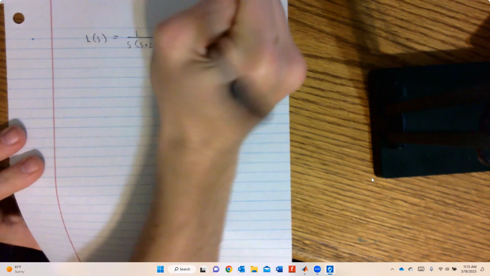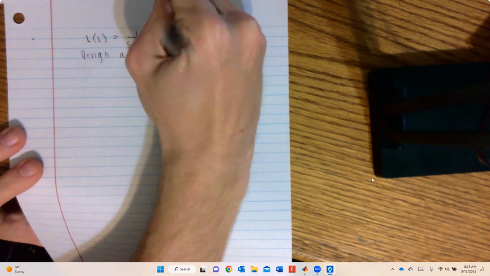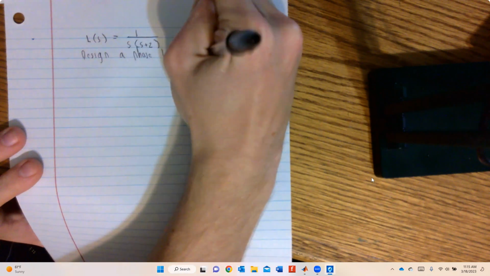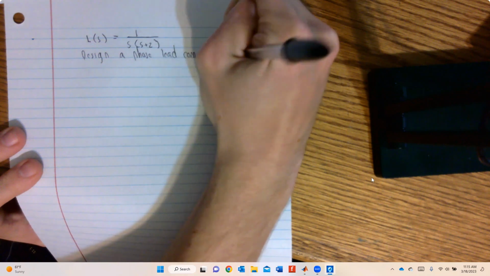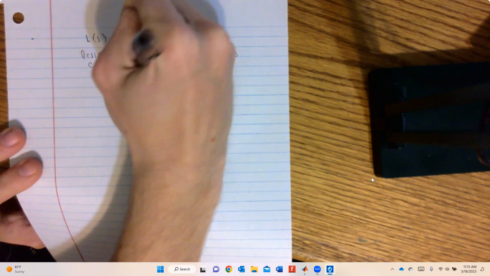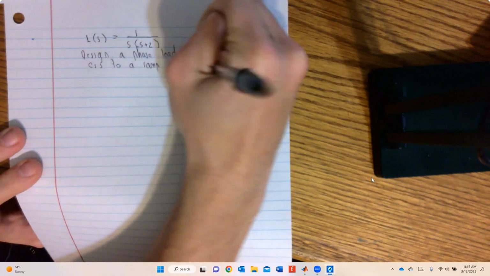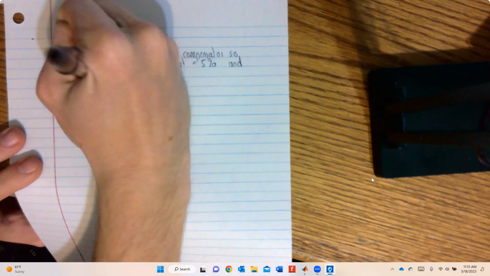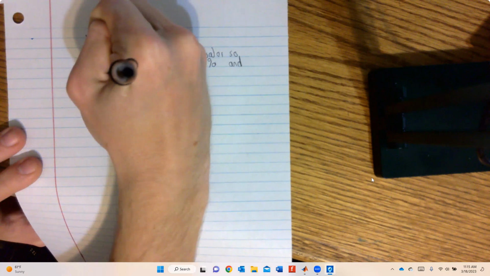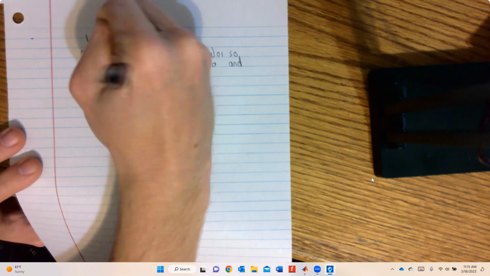Here it says design a phase lead compensator so that the steady state error to a ramp input is equal to 5%, and the phase margin is greater than or equal to 45 degrees.